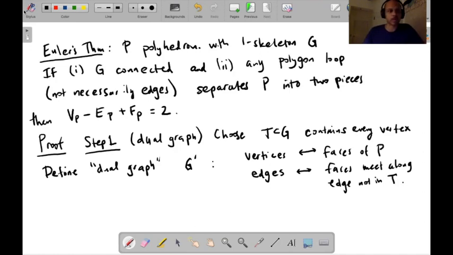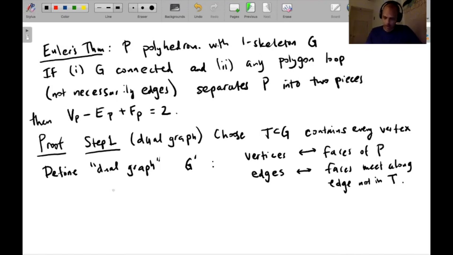Let me draw a picture to show you what is going on here. We have our polyhedron P, and we've chosen some maximal tree in the one skeleton. It meets every vertex. It's a tree.